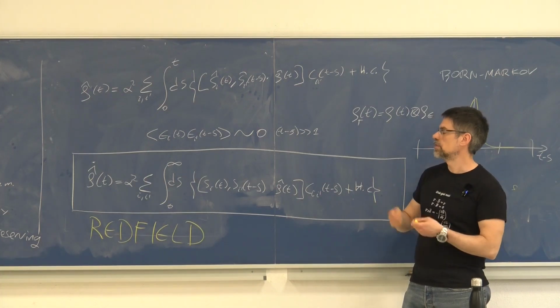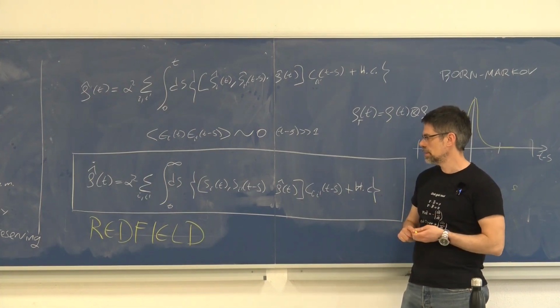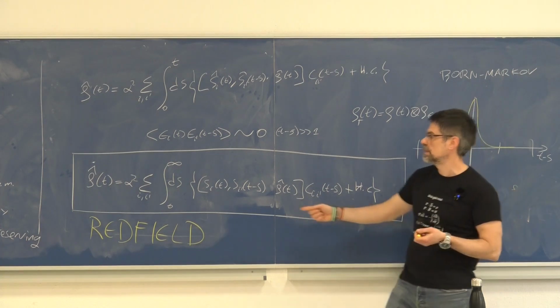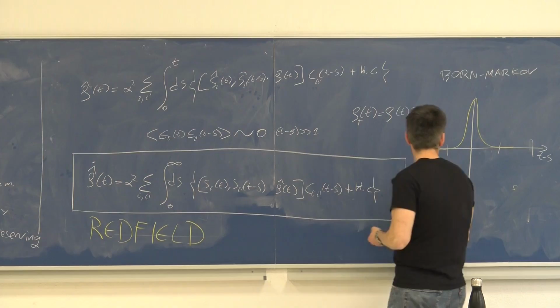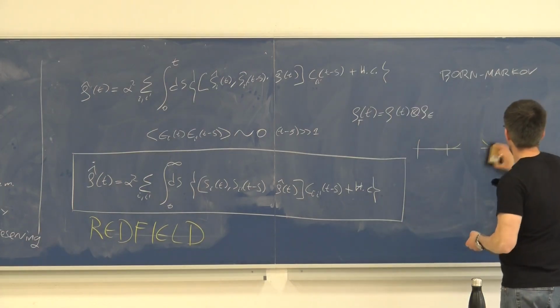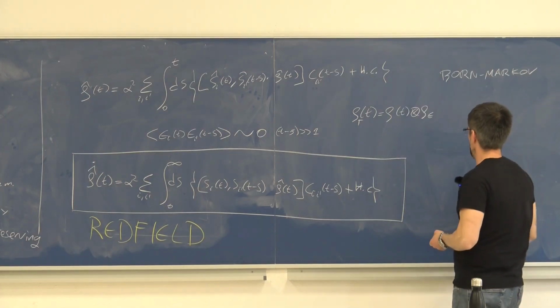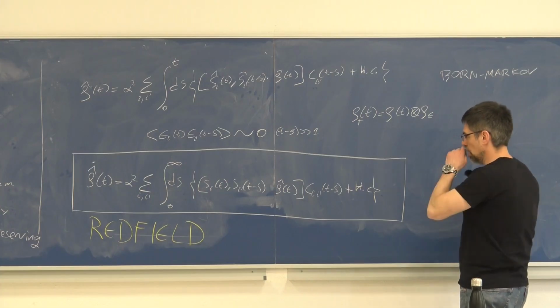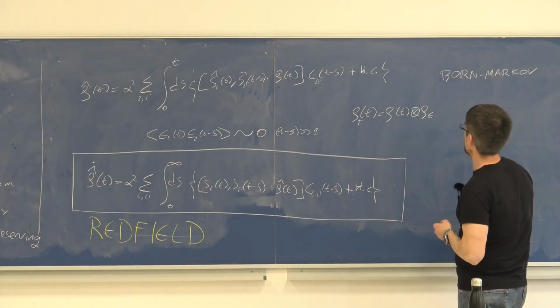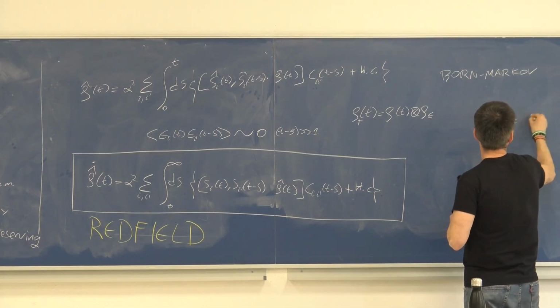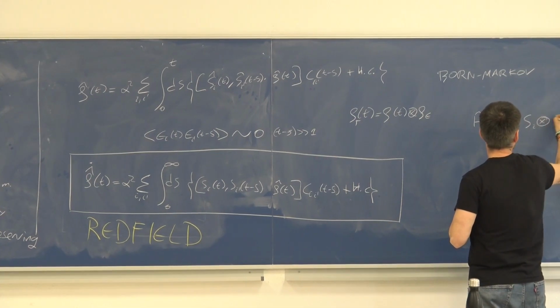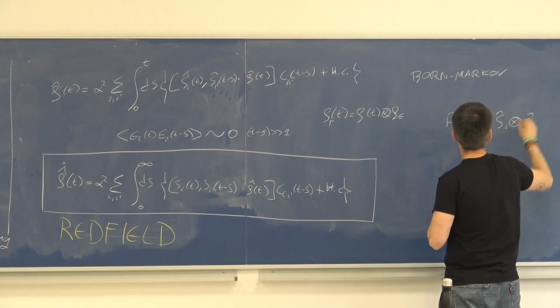And just to mention, if you go to many references, you will find this equation without this summation. Okay, this is very common. This is just an assumption. If you assume that the interaction Hamiltonian has this form, okay?